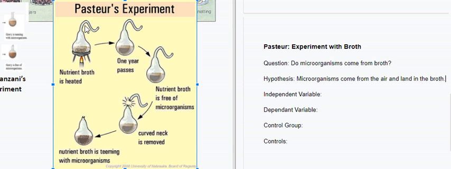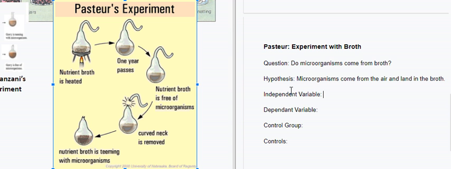He developed a really unique gooseneck tube that goes on the top of his flask. And he had only one variable again, but he had just one setup, which was unique. In this case, he put the gooseneck tube on the top of his flask and left it there and then broke it off a year later.